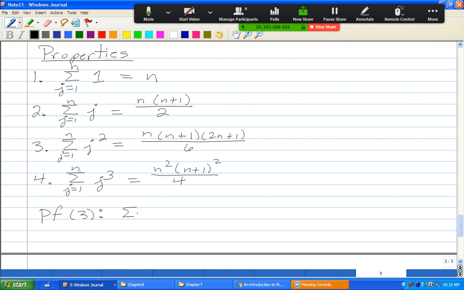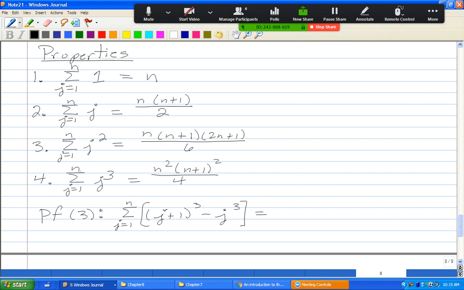to prove something involving the square, I'll look at the cube. I'll look at one higher power. And so if you just do a higher power, this trick will help you to solve the next formula.